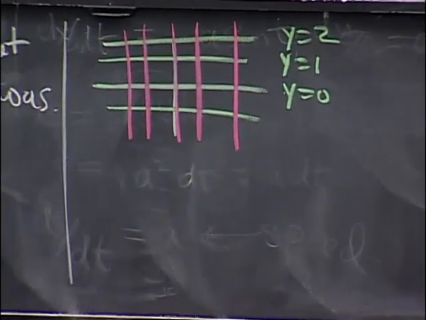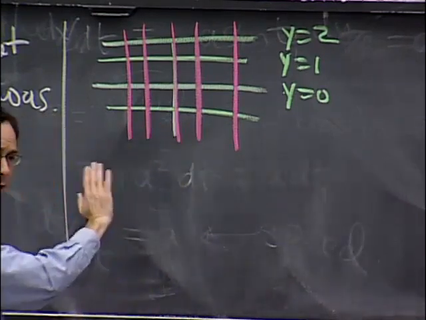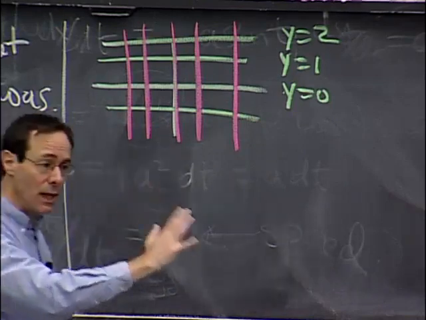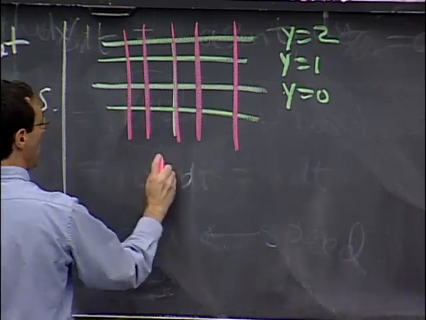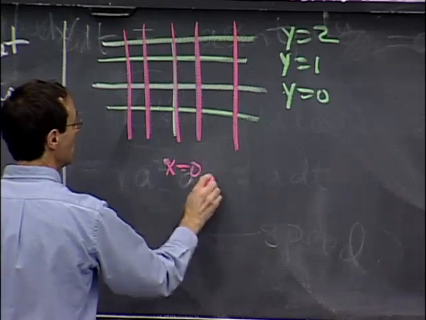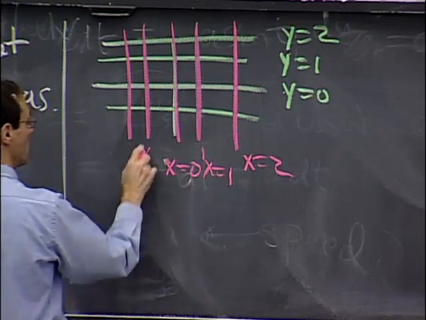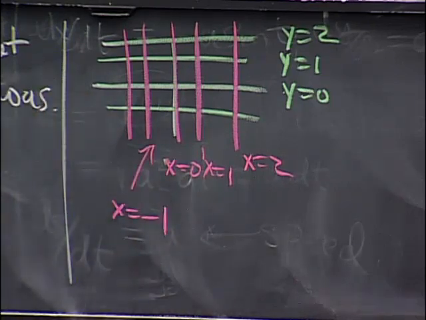This is the way we're thinking of x and y now. We're no longer thinking of y as a function of x and x as a function of y. We're thinking of x as a label of a place in the plane and y as a label of a place in the plane. So here we have x equals 0, x equals 1, x equals 2, etc. Here's x equals -1, and so forth. All right, so that's what the rectangular coordinate system looks like.